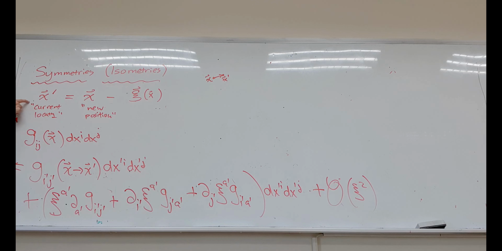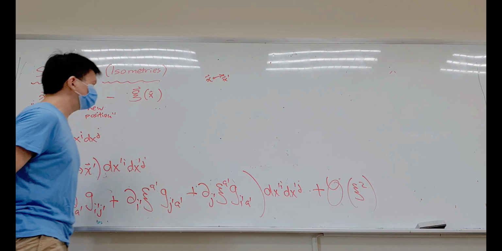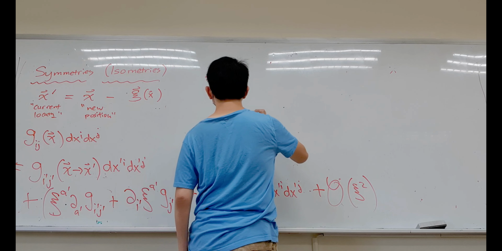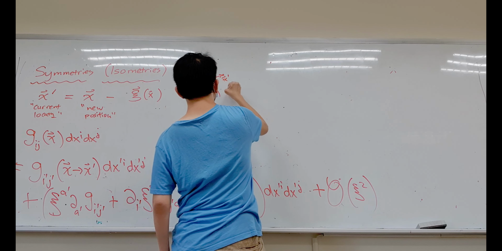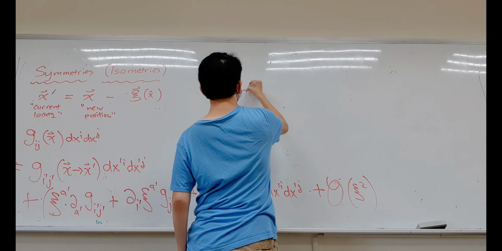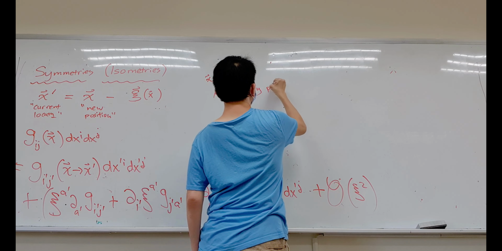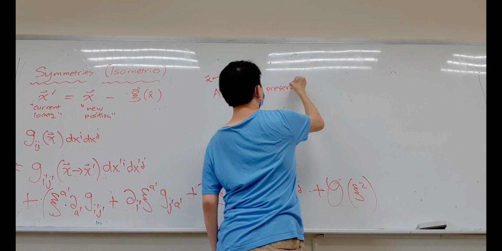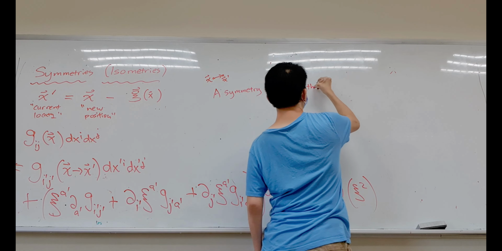If you just plug this definition into this guy. Okay? And so what did I just mention about what the definition of an isometry is? A symmetry preserves the form of the metric.